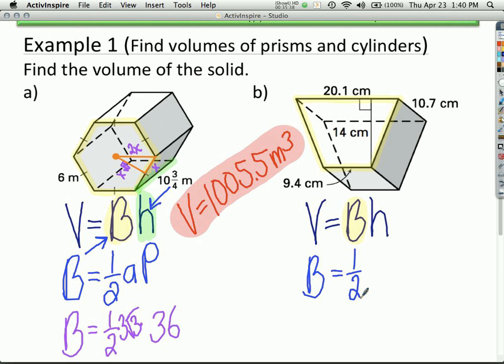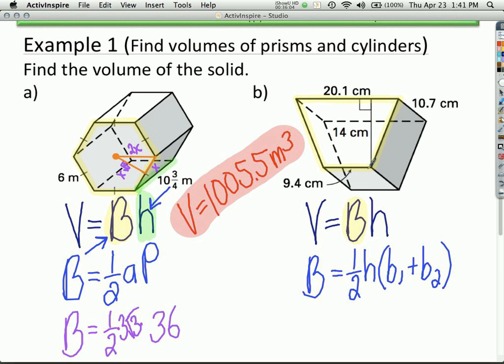So, big B in this case is a trapezoid. Half the sum of the bases times the height, or half the height times the sum of the bases. This is technically how it's written, but doesn't really matter. You add the bases together, multiply by the height of the trapezoid, not the height of the prism. The height of the trapezoid is this distance right here, the 14.